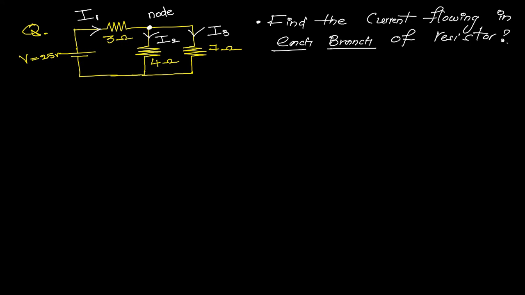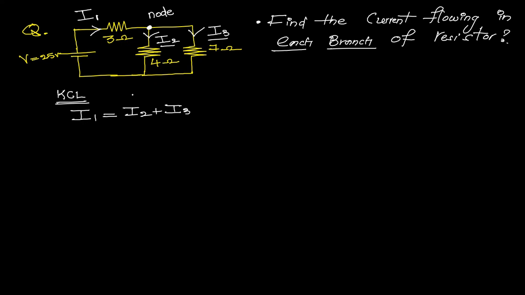If we apply Kirchhoff's current law at this node, the sum of incoming currents, which is only I1, is equal to the sum of outgoing currents, I2 plus I3.